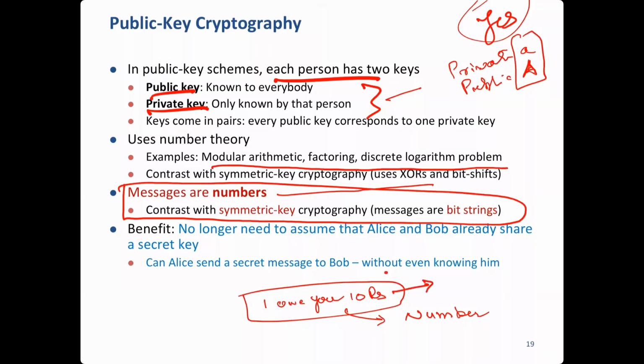And what we are talking about in public key cryptography, the number could be between say 0 to 2 raised to the power 1024, 2048, something like this. What is 2 raised to the power 2048? It is huge, very, very big number.